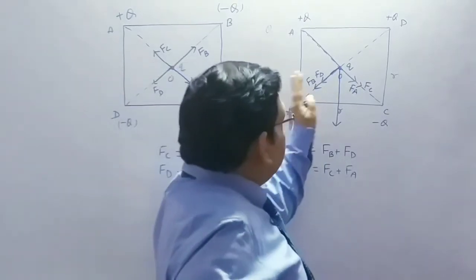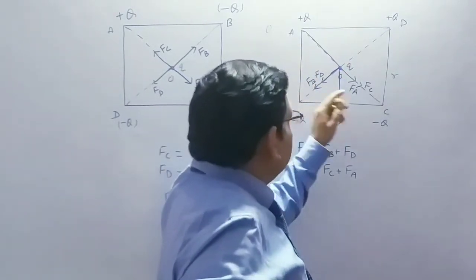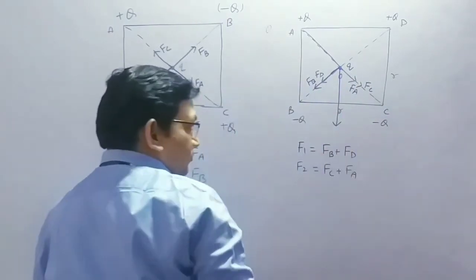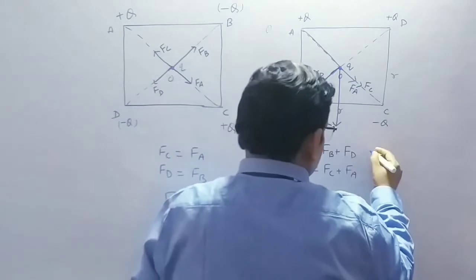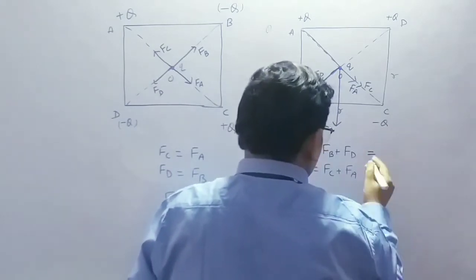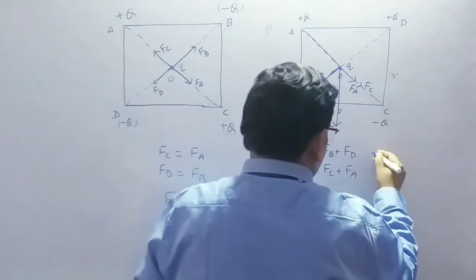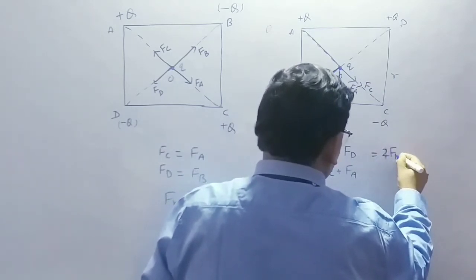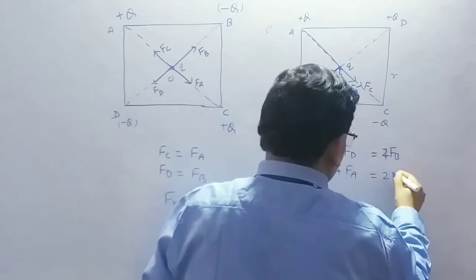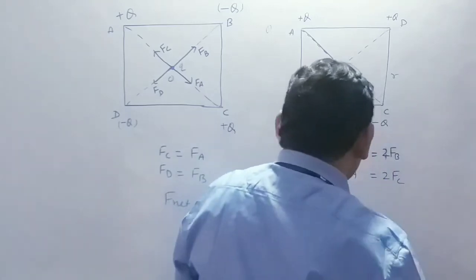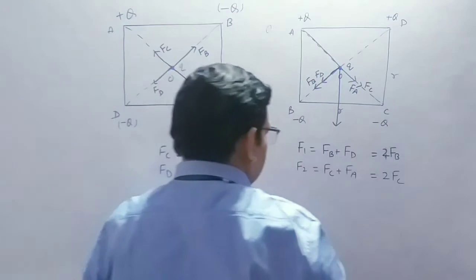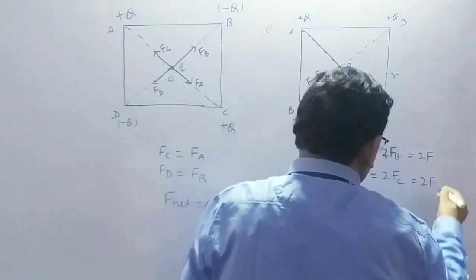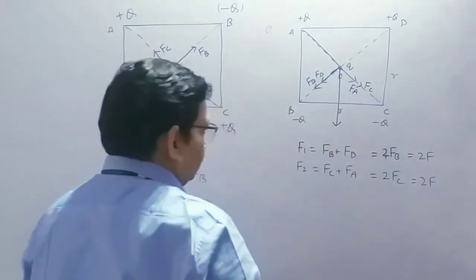All the charges are equal in magnitude, distances are equal. So force B is equal to force D. This can be written twice force B, and here twice force C. And again all forces are equal, so all equal to say twice F, twice F. Assume F is the force.